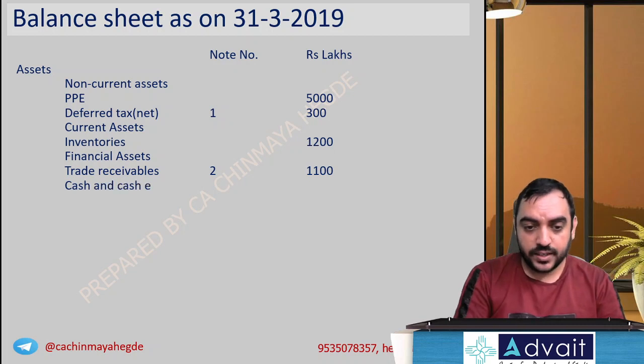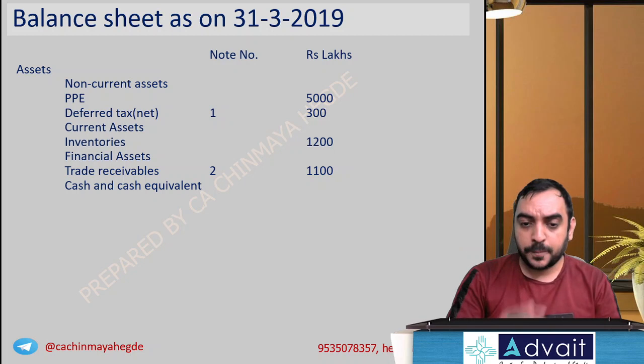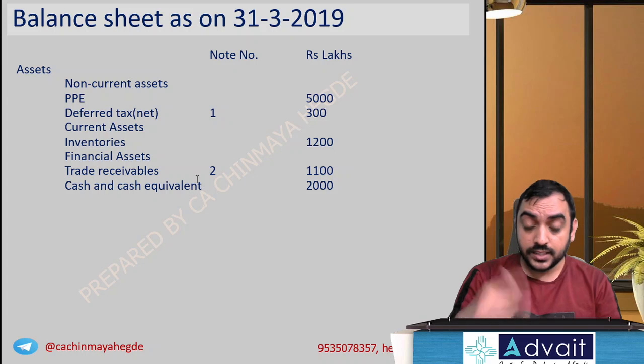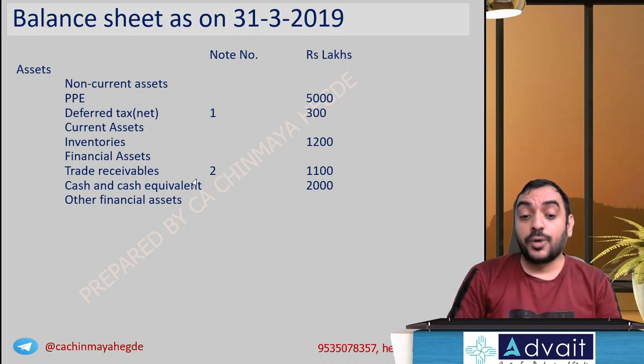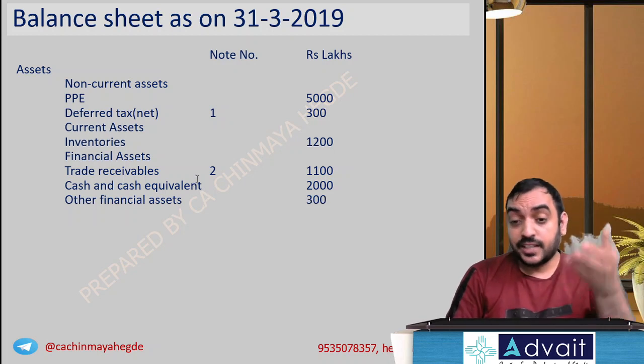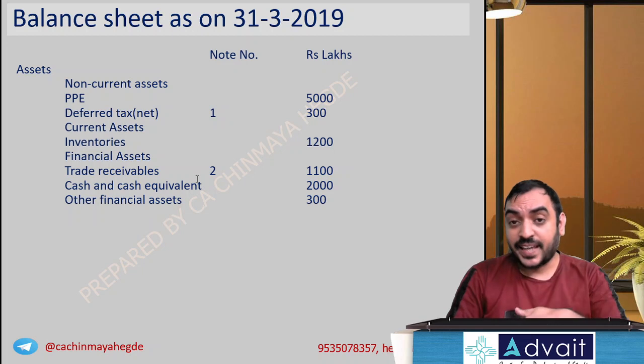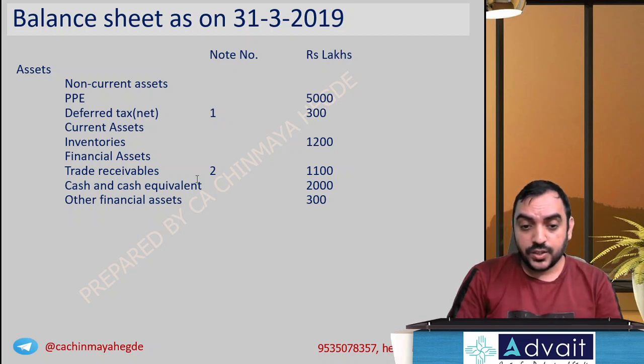Cash and cash equivalents, as it is, same amount will come, 2,000, sorry. Then other financial assets are there. That interest accrued receivable, other financial asset. Interest income accrued, 300. It's a financial asset, right to receive in cash. So total 9,900.